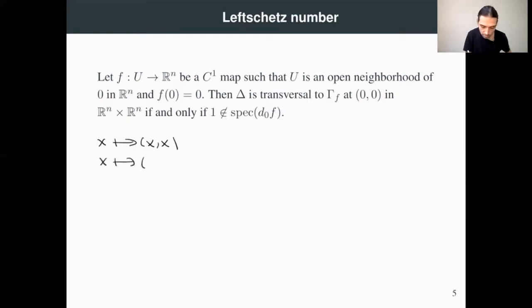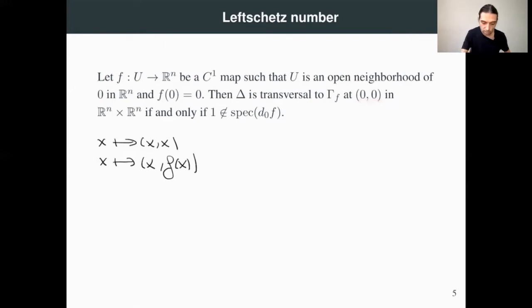This is the map that is a parametrization of the graph. And we want to calculate the intersection number of the images of these two maps at the point (0,0). Okay?